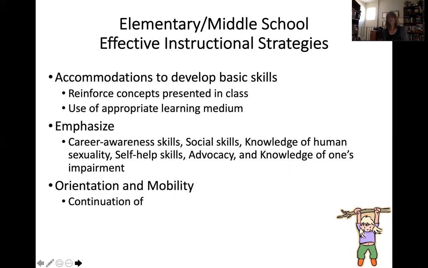Go back to the idea in Monica and David, how neither of those individuals, and again, they were children with intellectual disabilities, adults with intellectual disabilities, had not been afforded really what their challenge was and what they needed to really self-advocate. During this time in elementary and middle school, orientation and mobility continues.